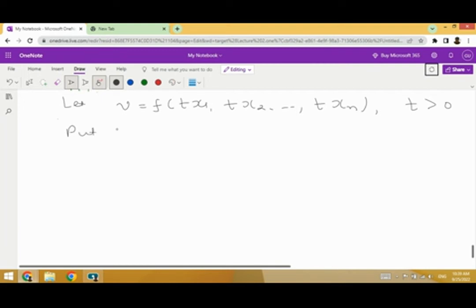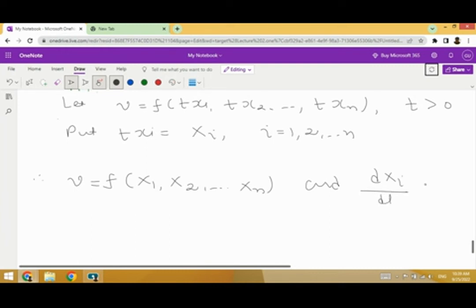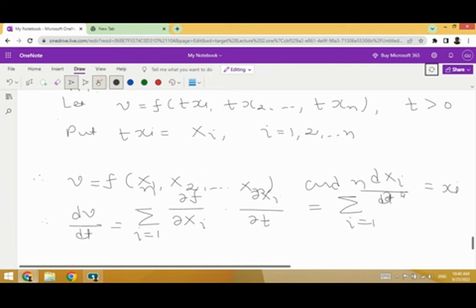Put txi is equal to capital Xi where i varies from 1 to n, and we get v is equal to f of capital X1 capital X2 up to capital Xn, and we say that d capital Xi upon dt is equal to small xi.